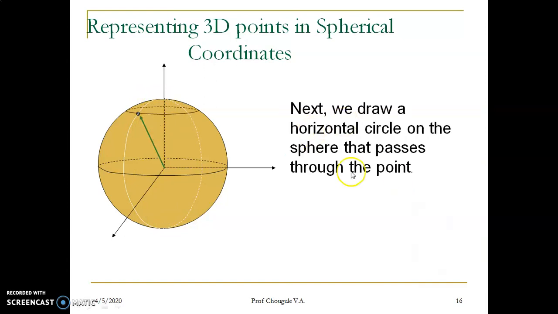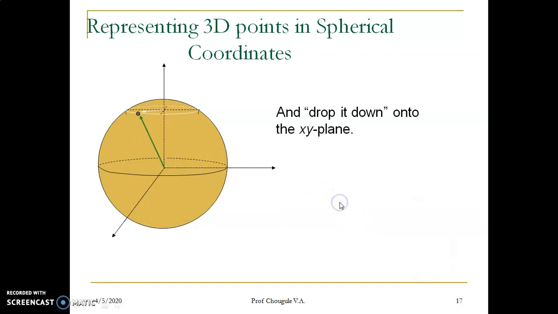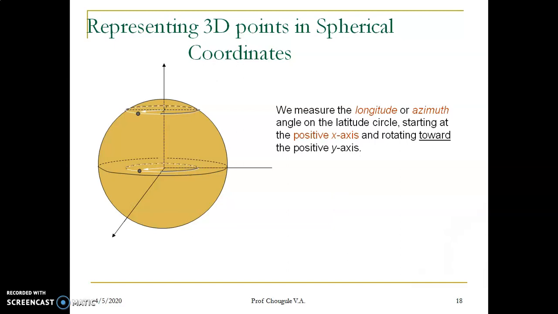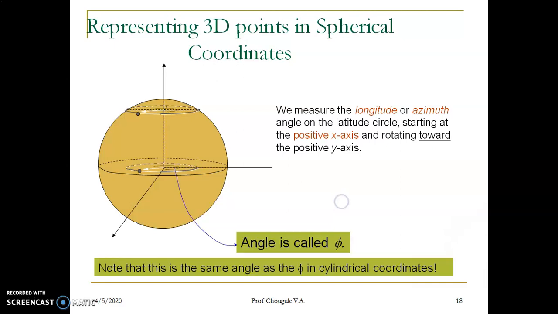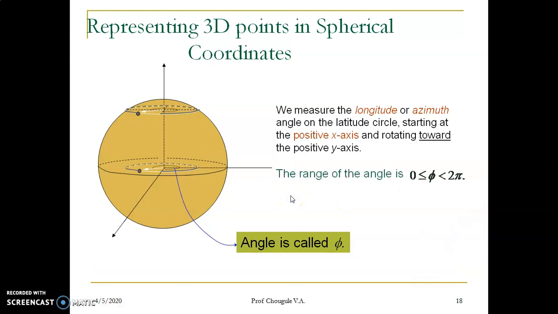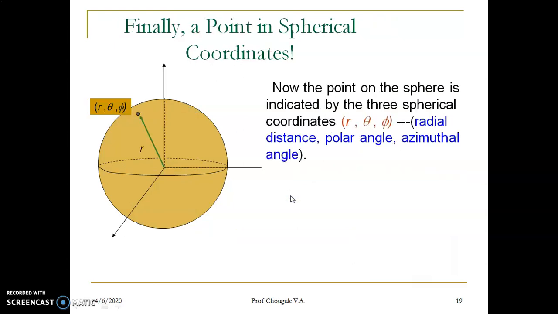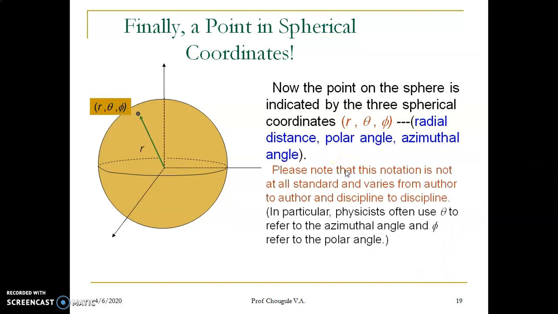Next we draw the horizontal circle on the sphere that passes through that point. Drop it in the x, y, z system. Then usual rho and phi are used: phi is the angle made with the positive x-axis. So r, theta and phi give you the spherical coordinate system.